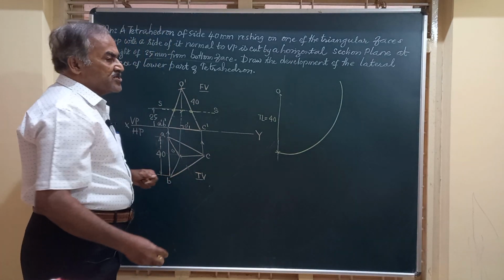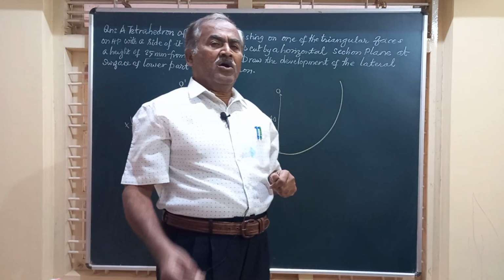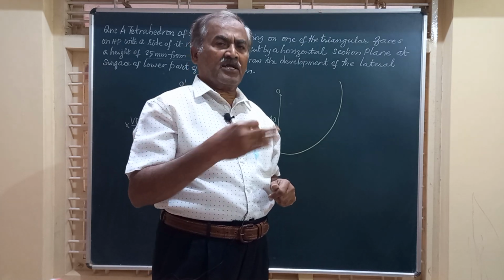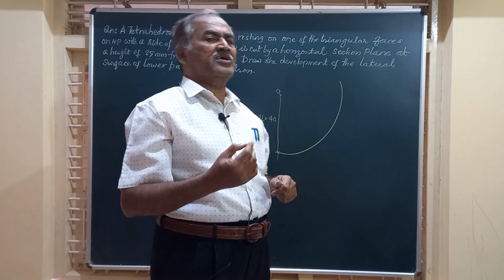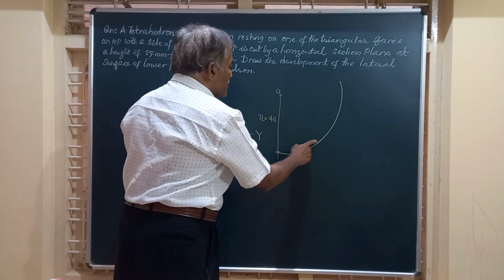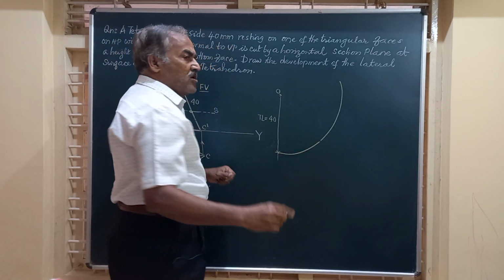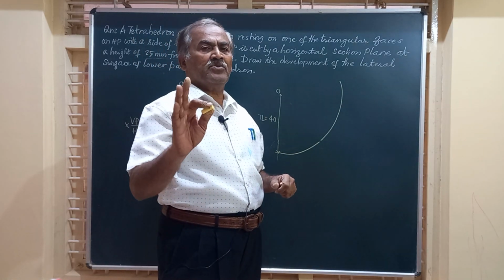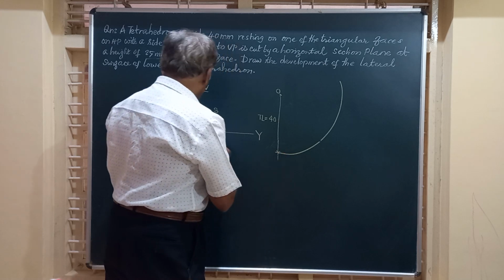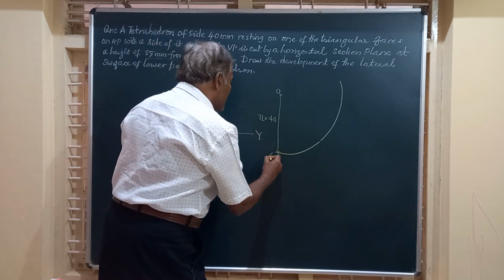On this, friends, you know very well, all the three triangular faces on the lateral surface are equilateral triangles. So if this is 40, this should also be 40, and all the three faces in that development should be equilateral triangles. Friends, here you can start the development from any point.